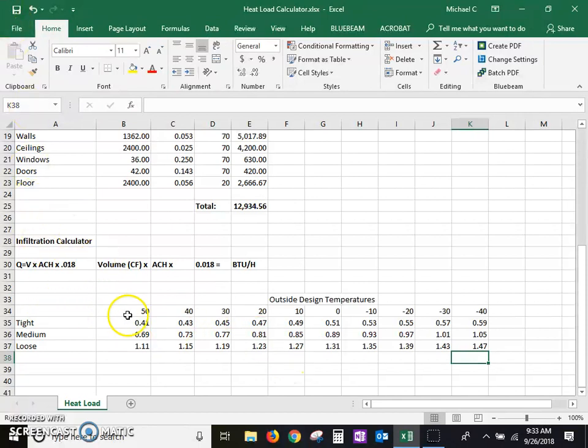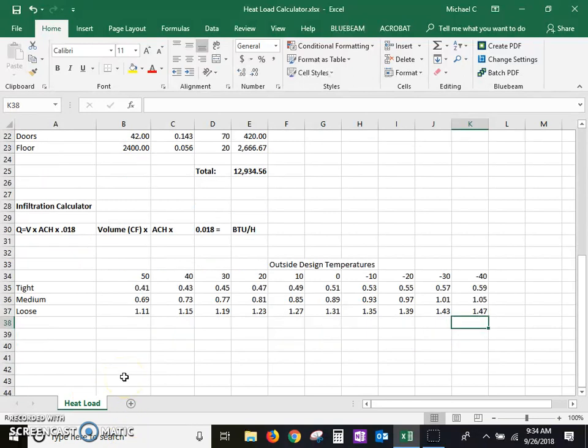If you look in that book that I gave you guys from NYSERDA, there's probably a chart published with air changes per hour based on different design types. These ones here came out of a chart that I'm using here.